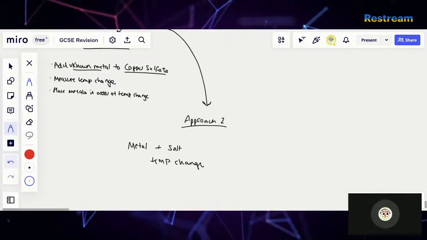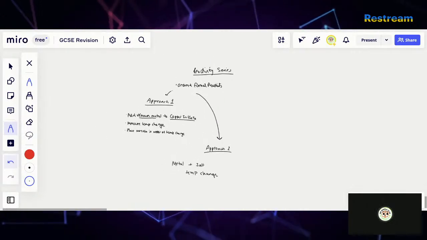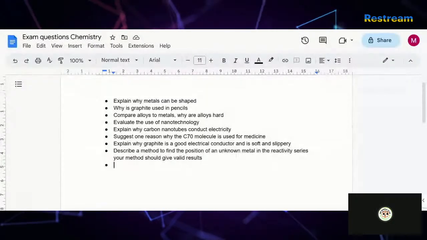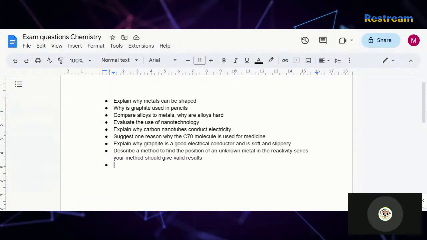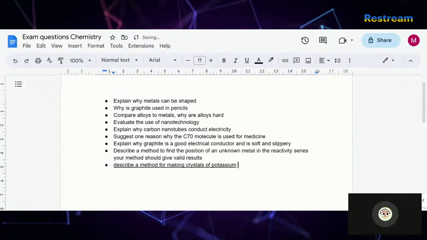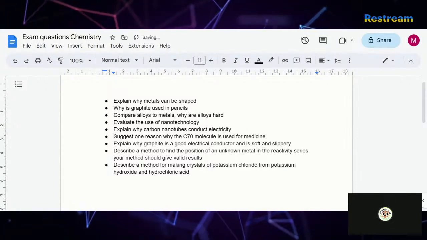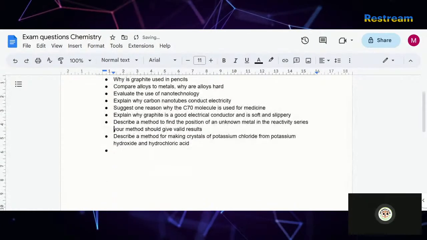Let's then move on to the next question, which is again another practical question. Describe a method for making crystals of potassium chloride from potassium hydroxide and hydrochloric acid. So let's break this question down a bit.